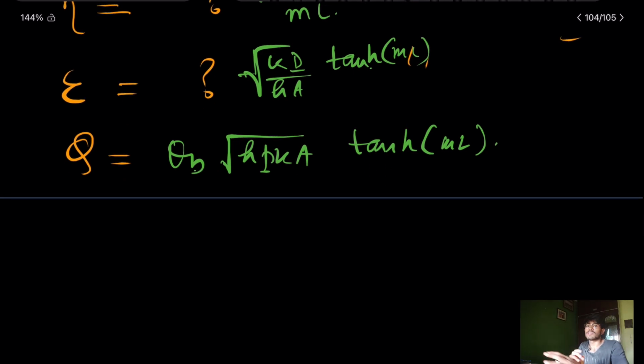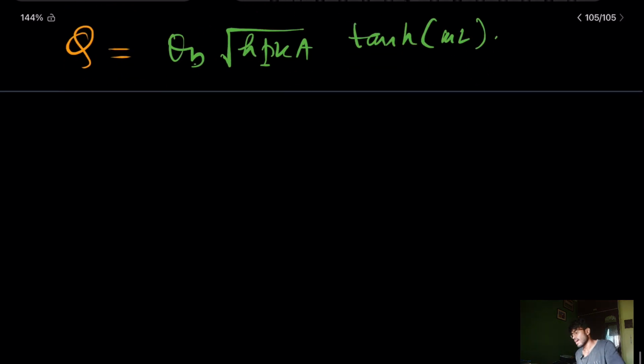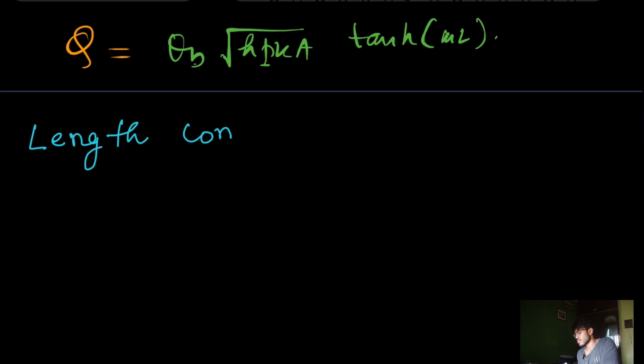And for the boundary condition where you have a mixed boundary condition, that is, the heat conducted through the solid comes out from the tip through convection, there was a method called length correction.